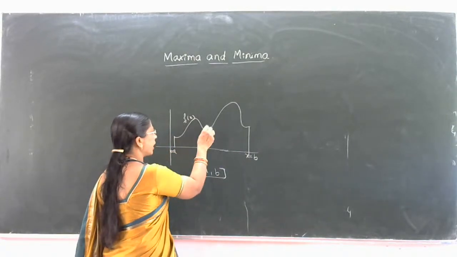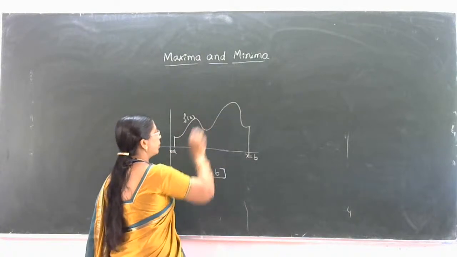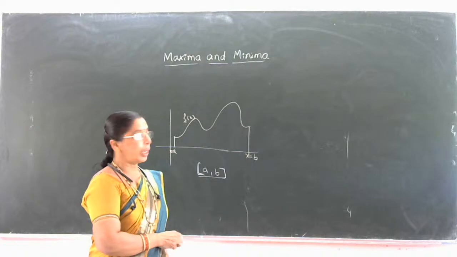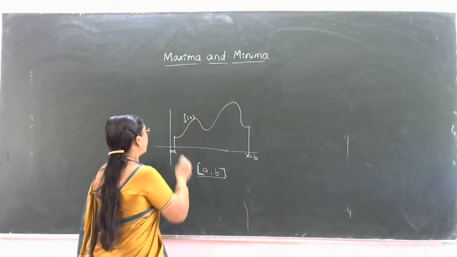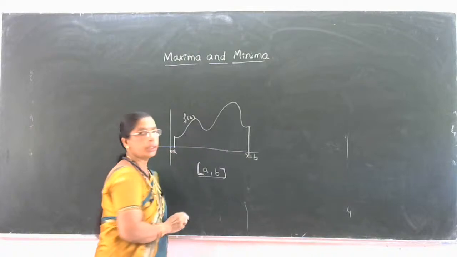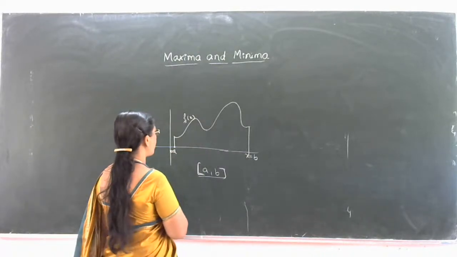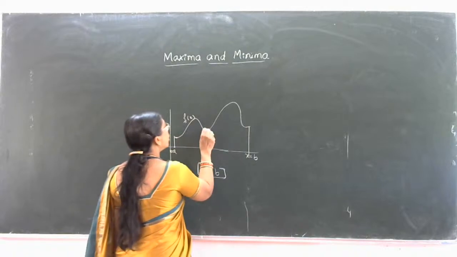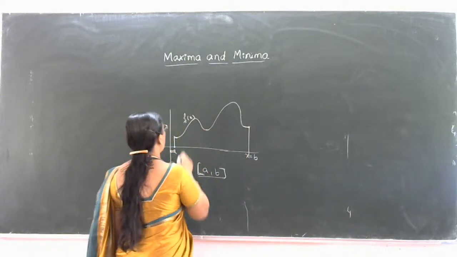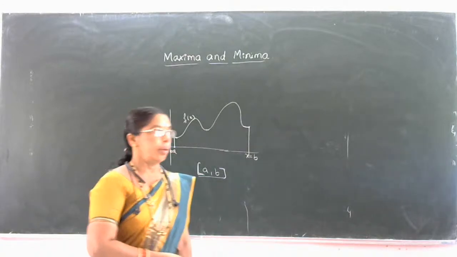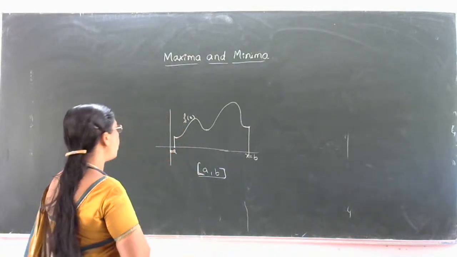We find the critical points, with maxima and minima at every critical point. We add these 2 points also. Then here also minima, here also minima, here also minima. In these 3 minimum points, which one is the absolute minima?